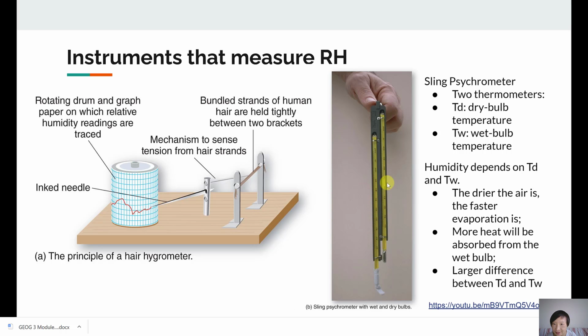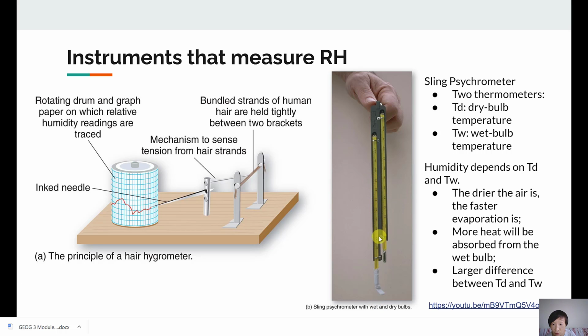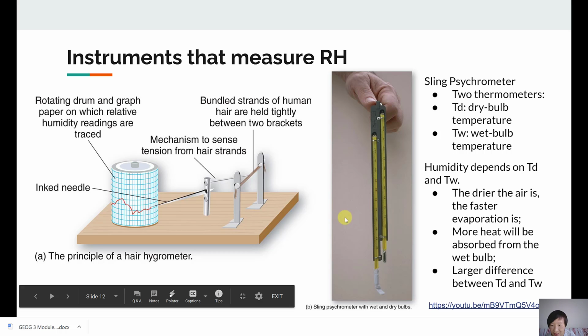Based on the difference of those two thermometers, you can look up the relative humidity. I want you to make sense of this. If the surrounding air is drier, you will have more evaporation from this cotton cloth, and then the wet bulb temperature will be even lower, so you will see a huge difference.